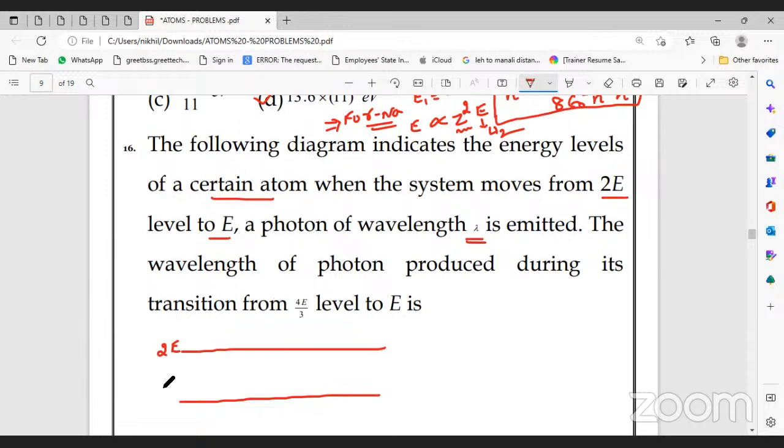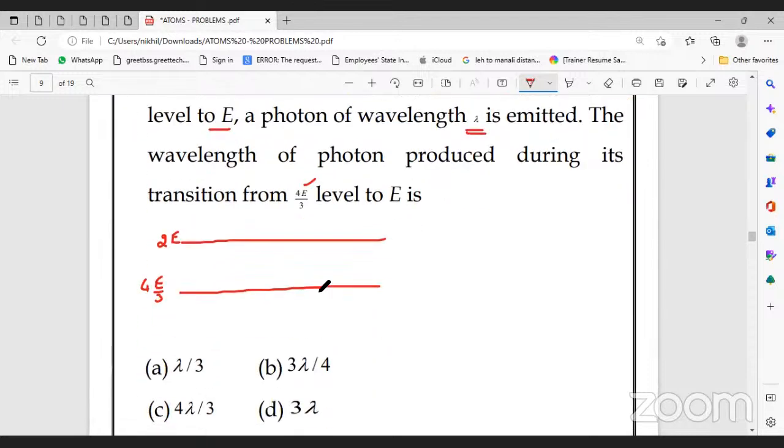This is 4E by 3. 4 by 3 is 1.33, right? Then the other ground energy is E. So these are the three levels they have given: 2E, 4E by 3, and E.